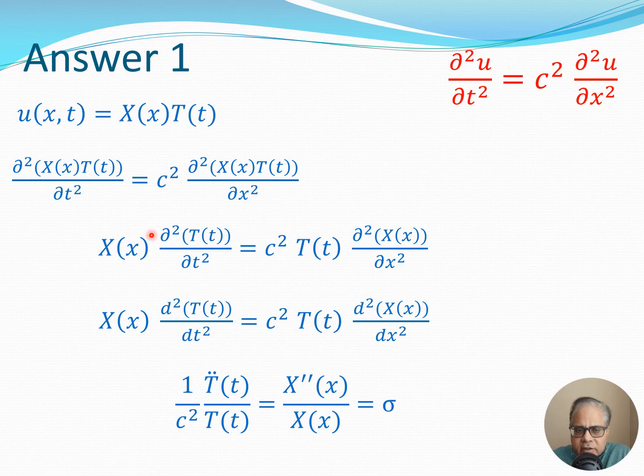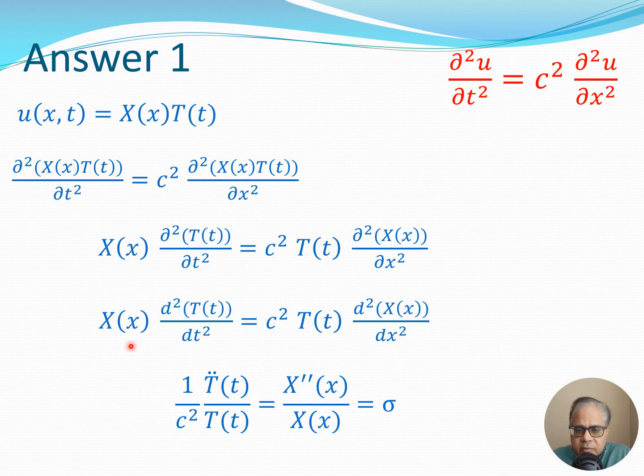Now, I can immediately realize that I do not need to carry this partial derivative nomenclature anymore. I can replace it by the regular derivative, which is d here. Once I do this, my mind becomes clearer, because now I can deal with ordinary differential equations.